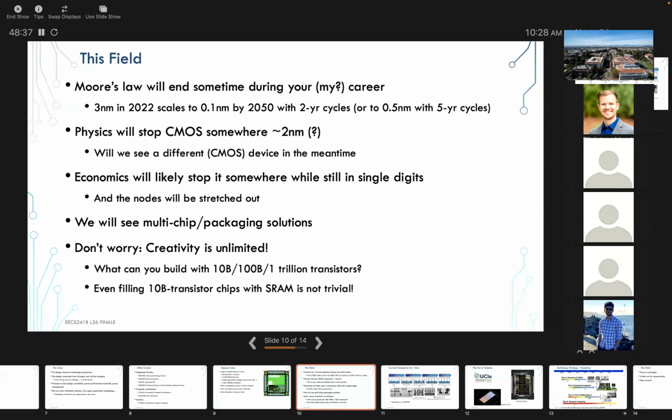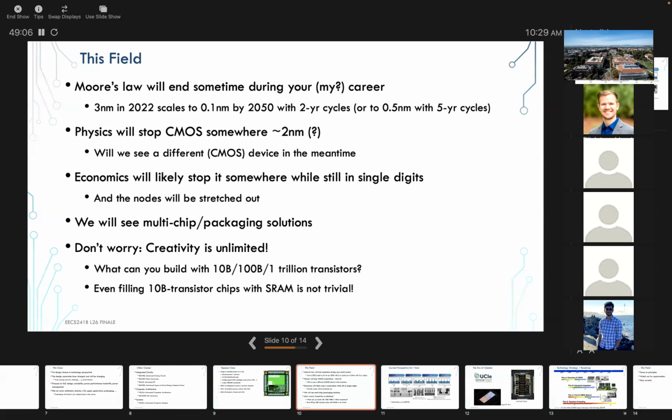Don't worry about Moore's law. Creativity is unlimited. I mean, this canvas gets bigger and bigger every time that you get to paint. Just think how big your class projects are. Maybe tens of thousands, I'd say 1 million transistors, if you really put your chip to all this power.